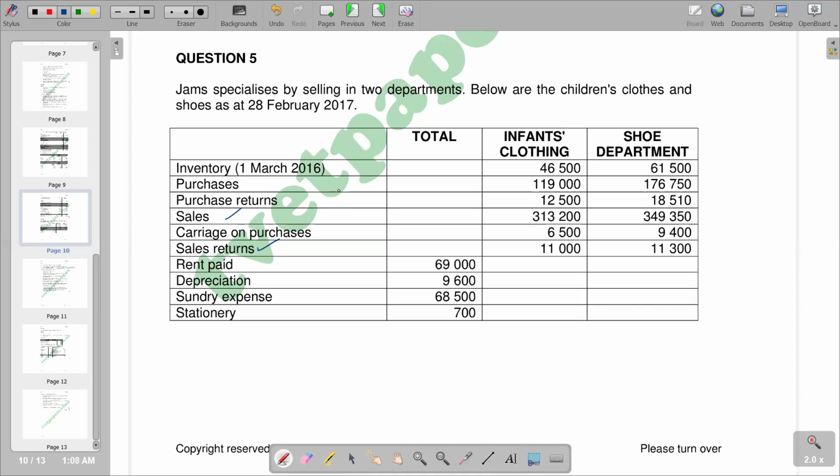So we need to subtract there to get the figure for sales. So for clothing, calculation of sales for clothing, we are going to say our sales figure is 330,200. And then we subtract our sales returns, which is 11,000. So I'll try to calculate, and I'll see that the figure that we're going to get is going to be 302,200.